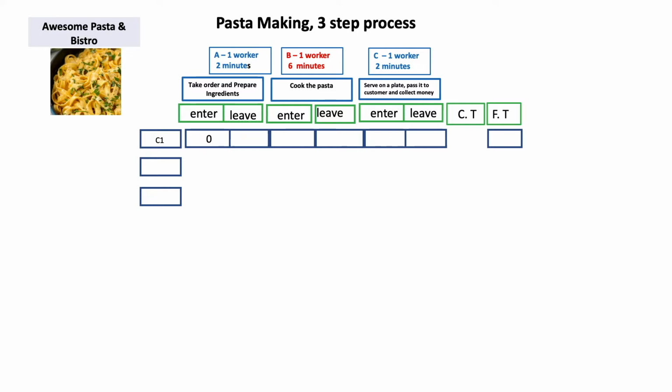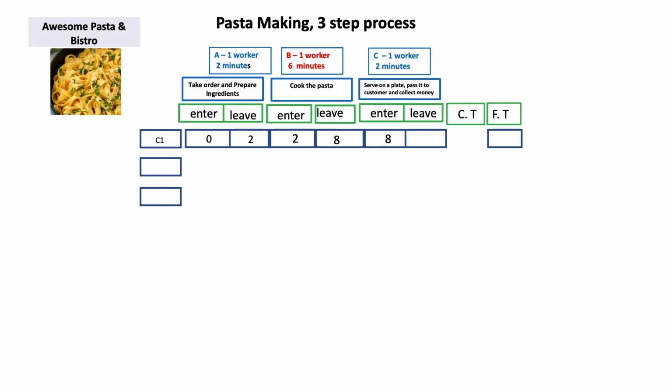His order gets prepared at the process step A and gets finished at time equals 2 minutes, and leaves process step A and enters the next process step, which is cooking, at time equals 2 minutes. Of course, it gets cooked there for about 6 minutes and it leaves process step B at time equals 8 minutes.